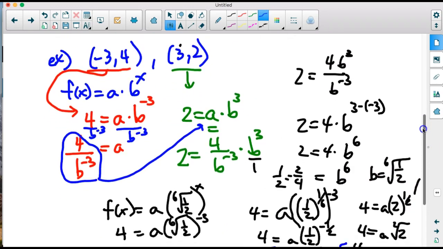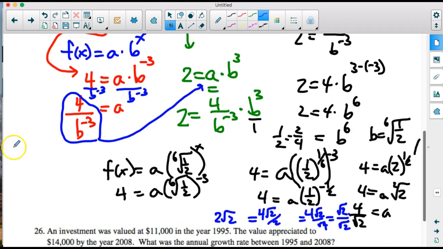Okay, so that means our equation, this is a tough one, is f of x equals 2 square root of 2 times the 6th root of 1/2 to the x power. All right, so that's very possible.